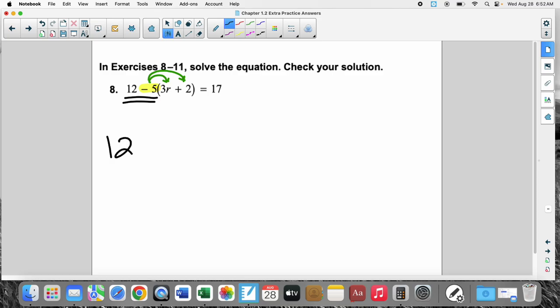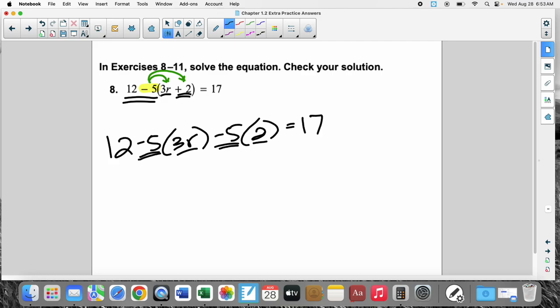That 12 minus 5 times 3r minus 5 times 2. We're distributing -5 to 3r and +2. So we better see 3r and +2, and I need to see -5 being distributed. And so now we're going to simplify those products.